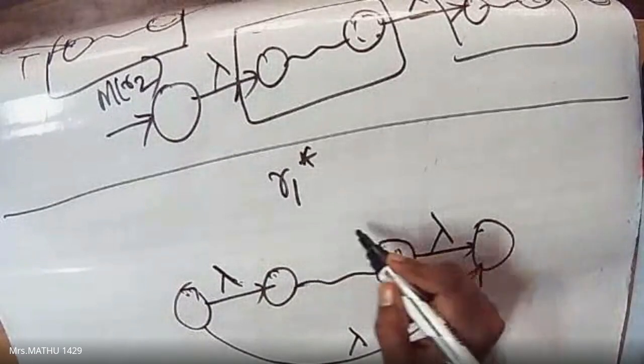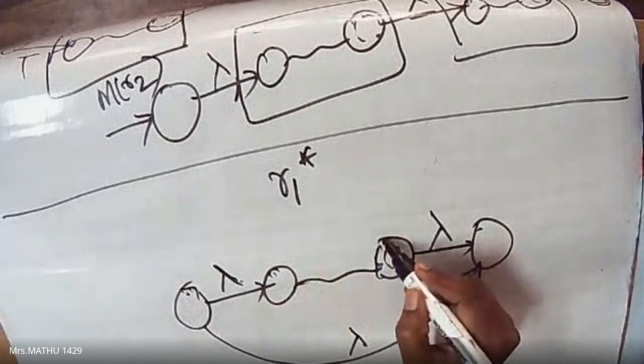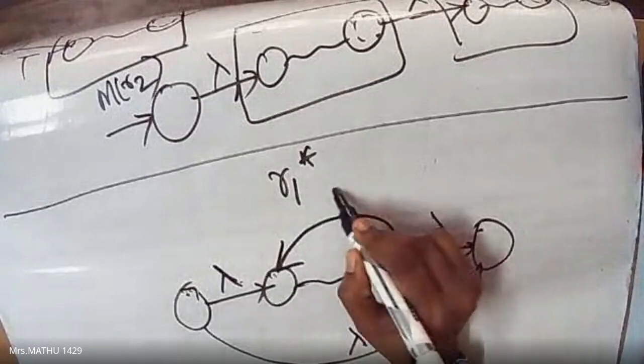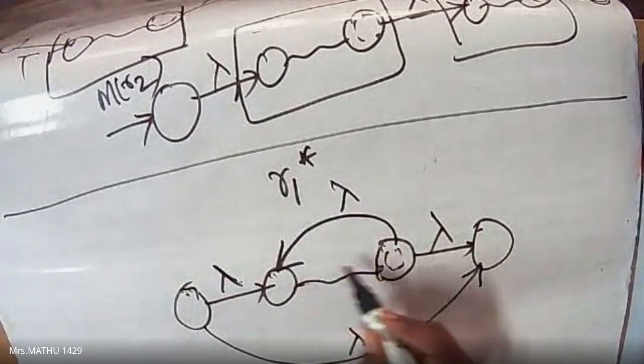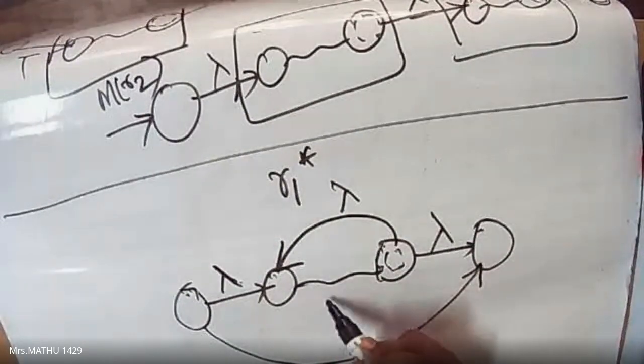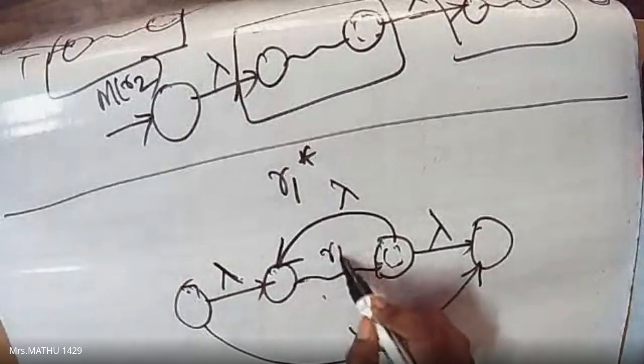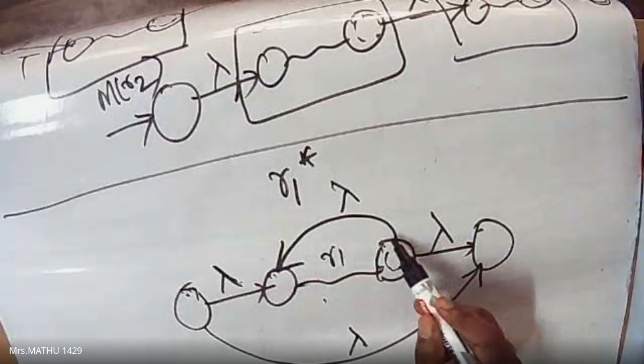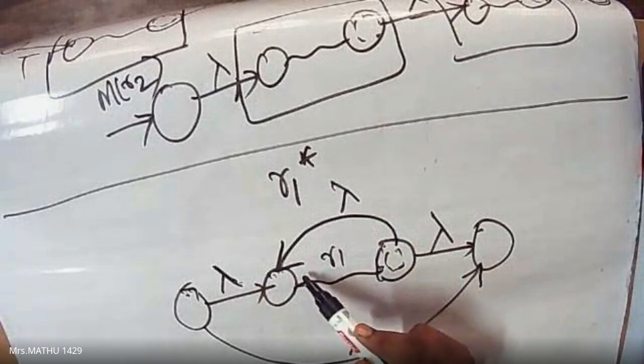Whereas if it occurs one or more times, then it will loop around the same regular expression, because here is where your R1 is. This keeps looping by reading lambda any number of times.